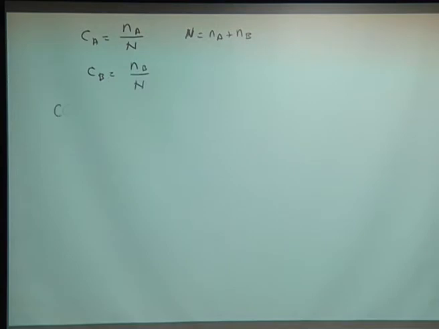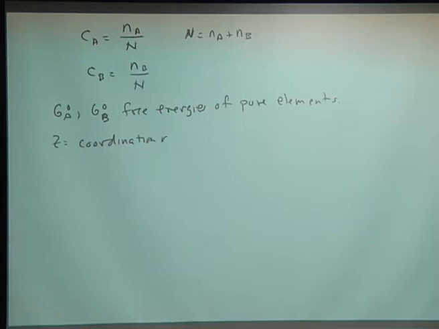G1, 0. These are the free energies, which can be some function of temperature, of the pure materials, or pure elements, say elements A and B. Z is the coordination number, which is basically the number of bonds per atom.